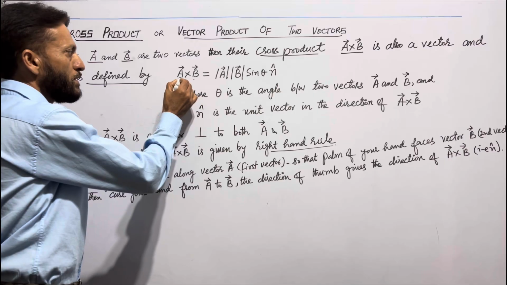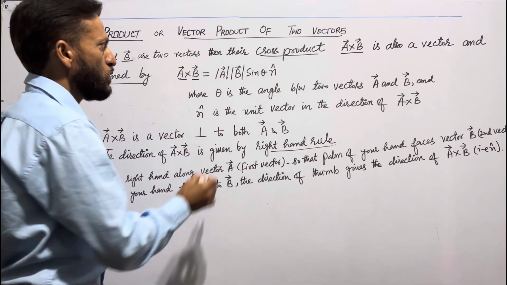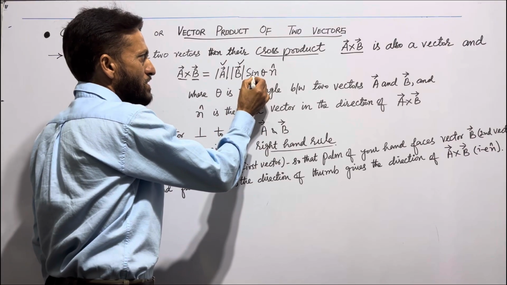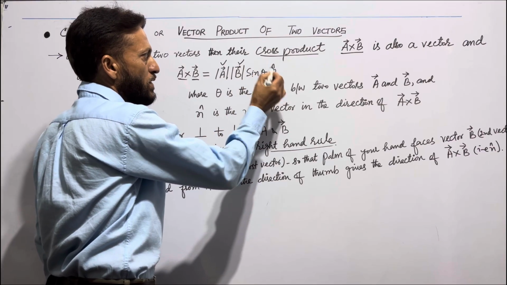Cross product of two vectors A and B is equal to magnitude of A, magnitude of B, sine theta and unit vector n.